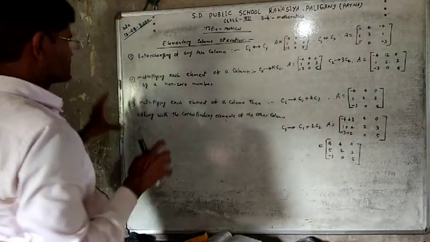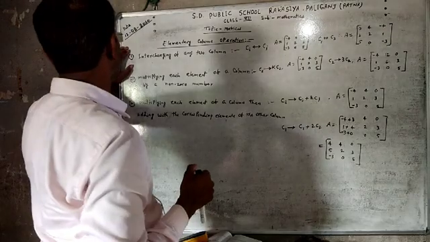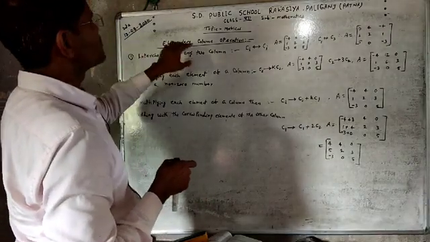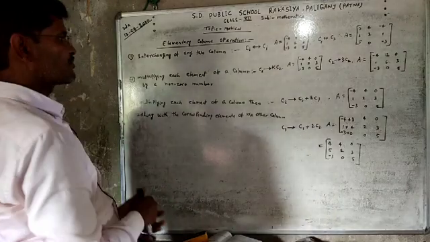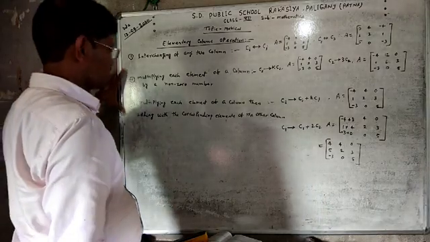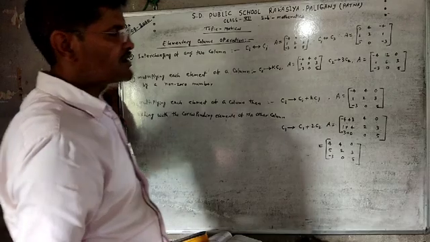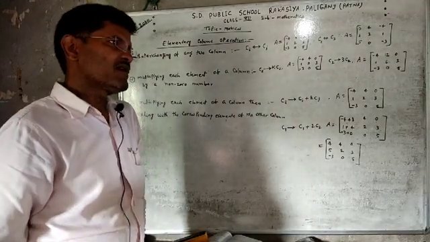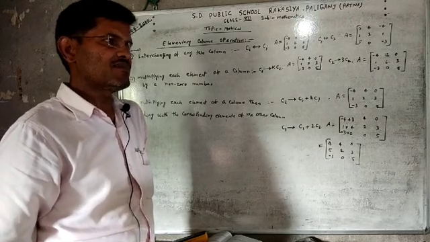In this class, all students have learned elementary row operation and elementary column operation. By using these operations, an important result can be achieved, and the important result is the inverse of the matrix. The inverse of the matrix is also called the invertible matrix.